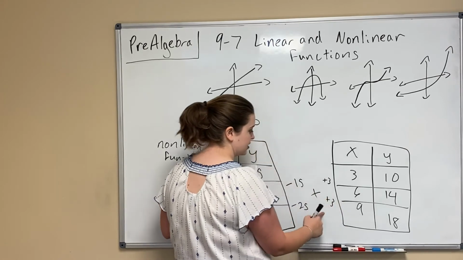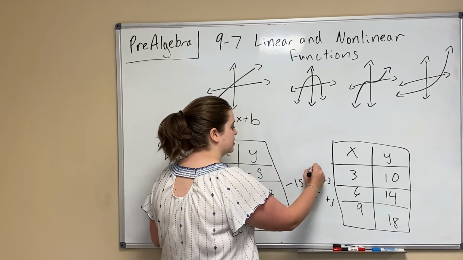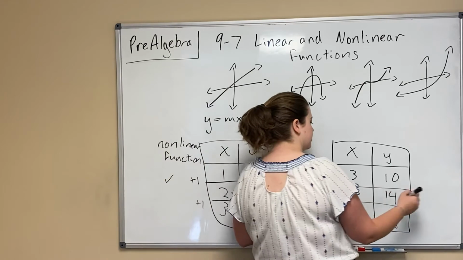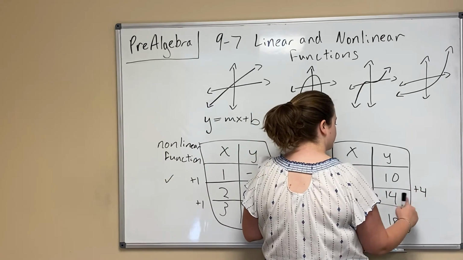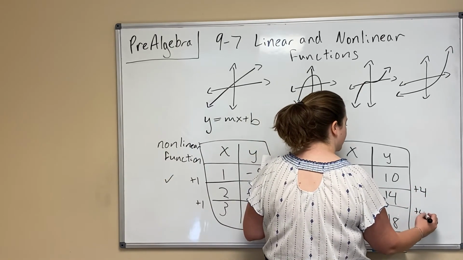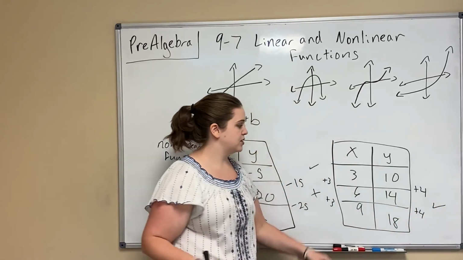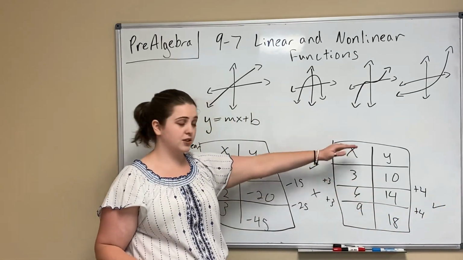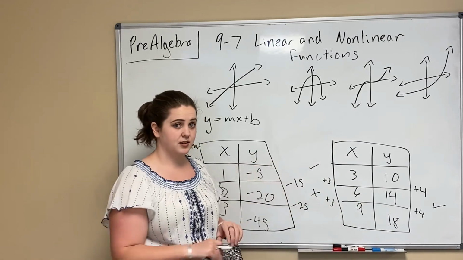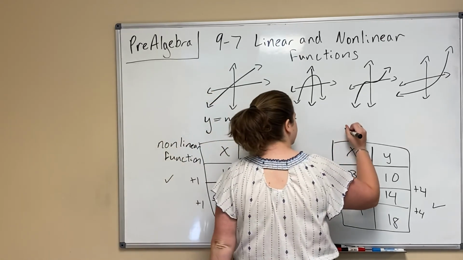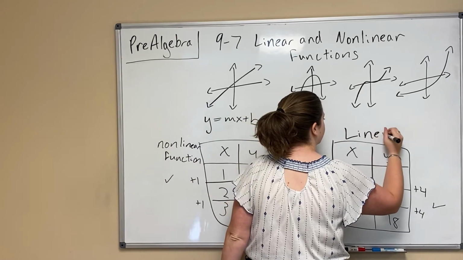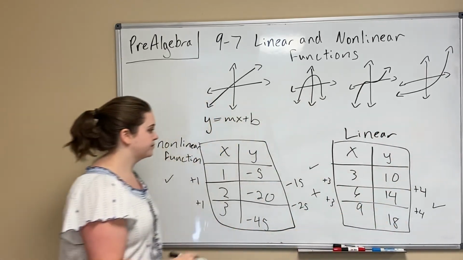So that is a constant rate, so that's good. Now from 10 to 14, I have plus 4. From 14 to 18, I have plus 4. So this side is also a constant rate of change. So since both sides are increased by a constant rate, then I say yes, this is a linear function.